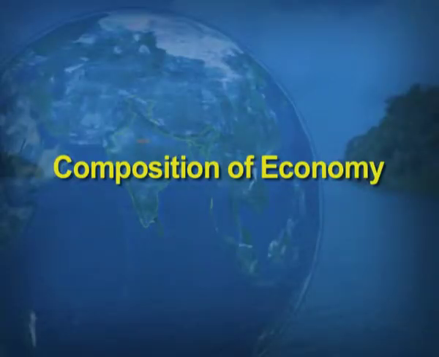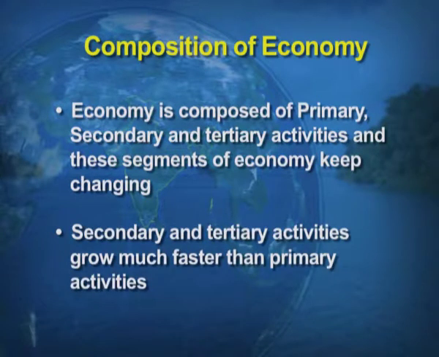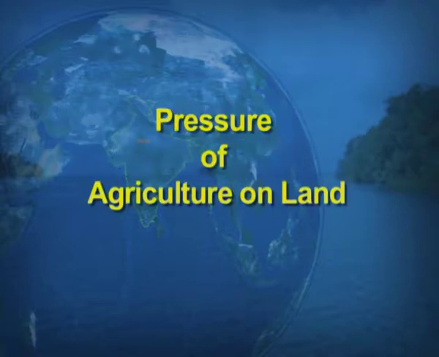Second factor is the composition of the economy. Economy is composed of different types of activities: primary, secondary and tertiary. Secondary and tertiary activities grow much faster than the primary activities, and this process leads to the shift of land from agricultural to non-agricultural use.